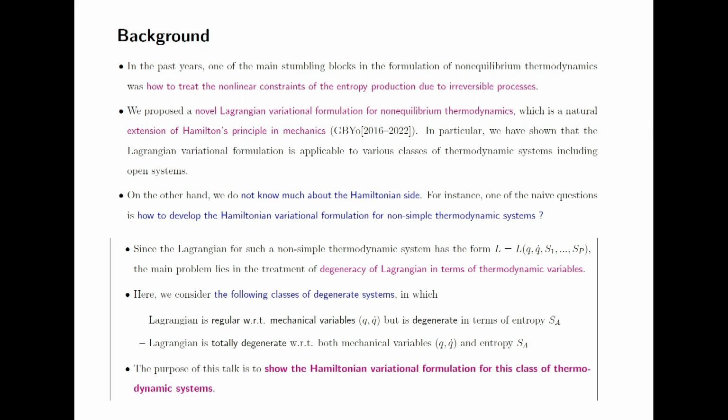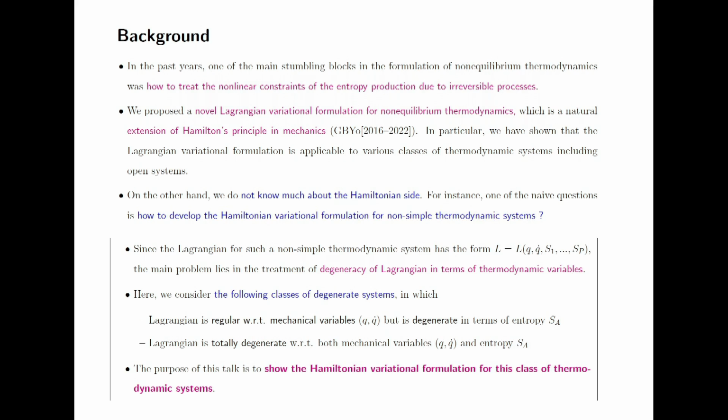So, for instance, there is a naive question: what is a Hamiltonian variational formulation for non-simple, or even simple, thermodynamic systems? The difficulty lies in that the given Lagrangian is always degenerate with respect to thermodynamic variables. Here, S1 to SP are entropy variables. We want to consider two classes of degenerate systems.